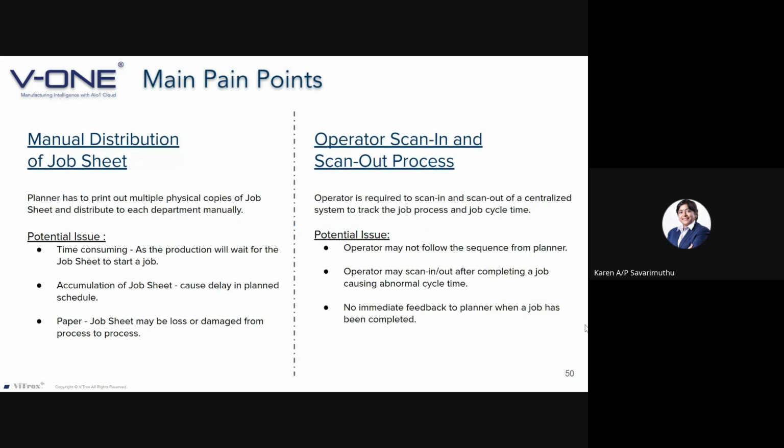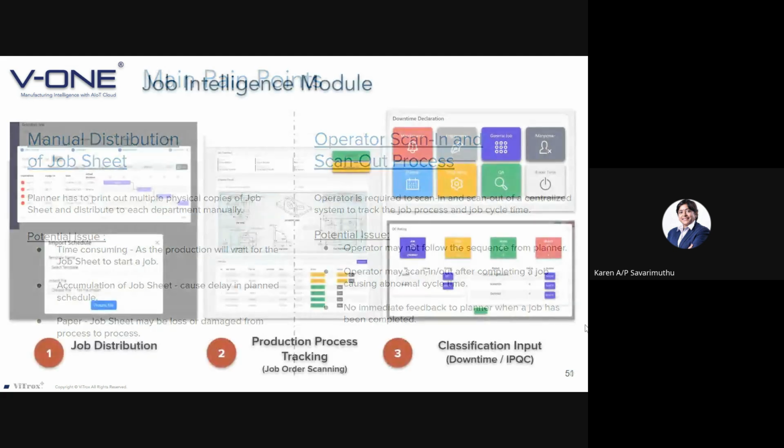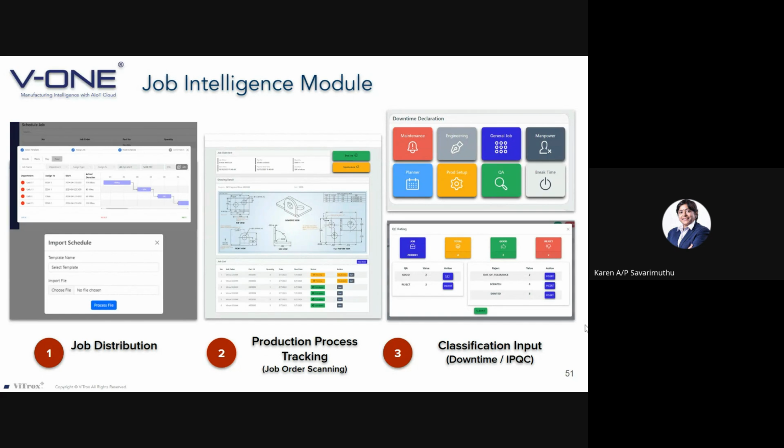Okay, so you see again, these are the main pain points. Again, it's manual distribution of job sheets, all right? And then you have operators scan in, scan out. All this is manual. So how do we get rid of all these things? By connecting directly and creating these job intelligence modules.